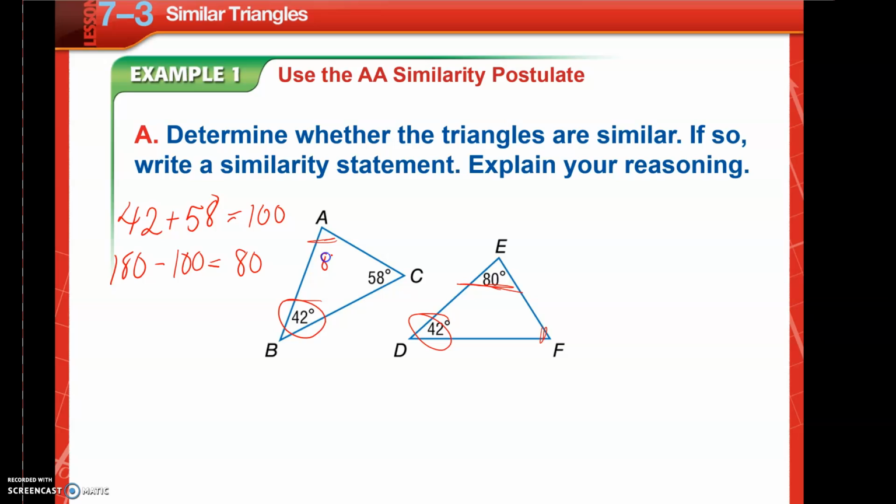So since this is 80, and that's 80, and this is 42, and this is 42, then these are similar by the angle-angle similarity postulate.